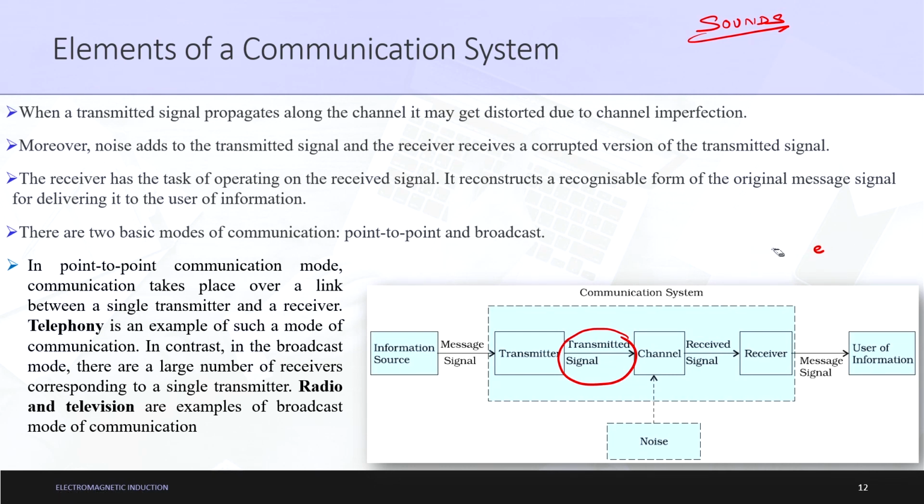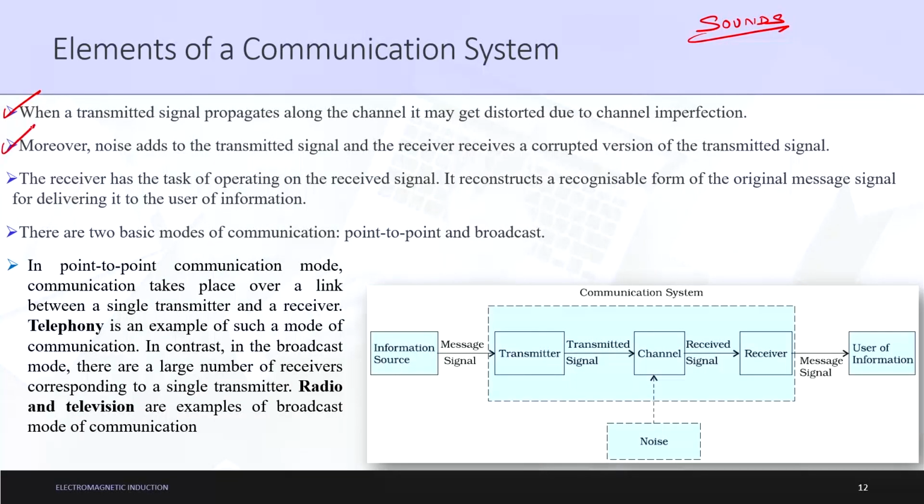Next, moreover, noise adds to the transmitted signal and the receiver receives a corrupted version of the transmitted signal. As I explained using the application of FM, the sounds which come are nothing but noises only. The FM jockey speaks something, but he does not speak the noises.